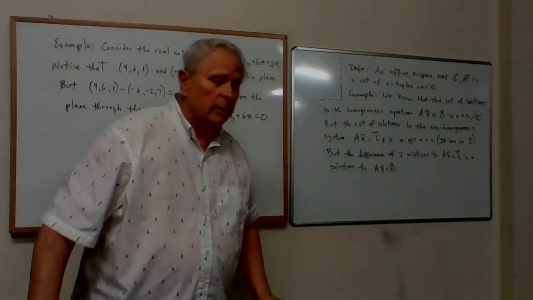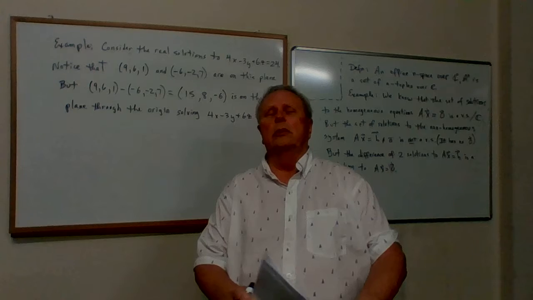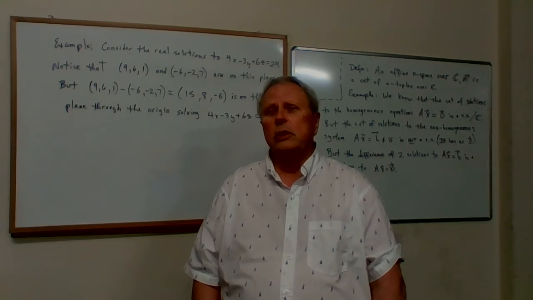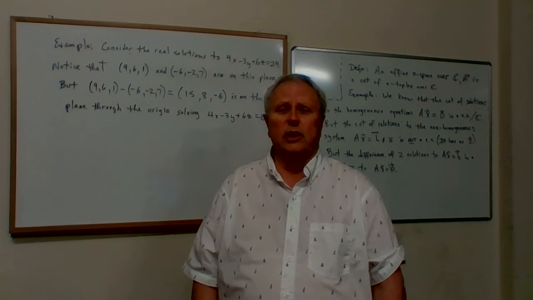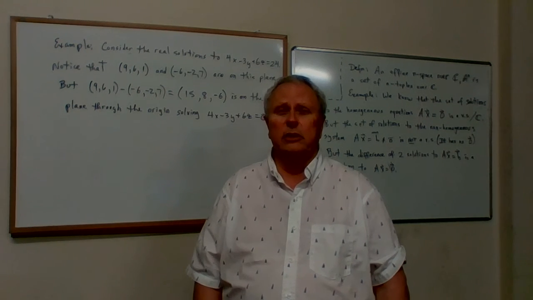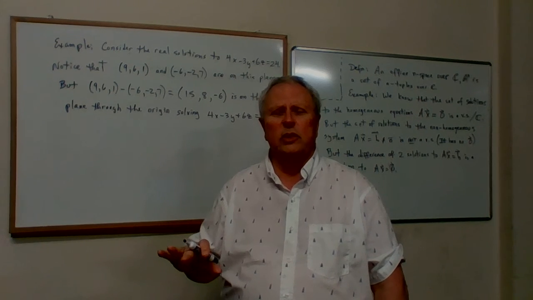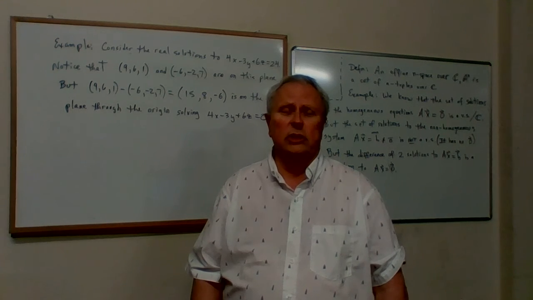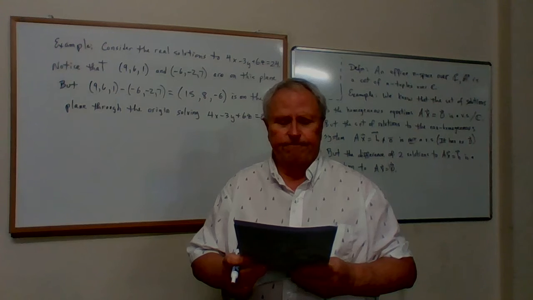It's a plane, so it's homeomorphic to R2. In fact, it's diffeomorphic to R2, but it's not a vector space. It's because it doesn't have a 0 in it. So an affine plane looks like a vector space, but it doesn't know where the origin is because 0 is not in it. Okay?